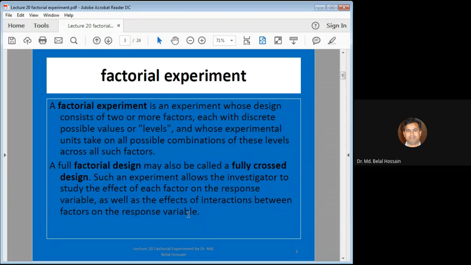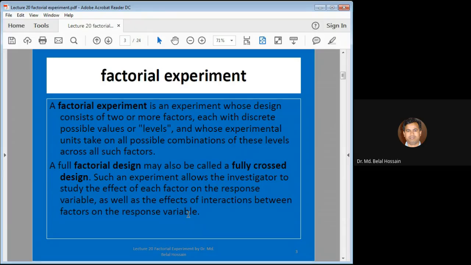Okay, so what is full factorial experiment? That is, if you have two factors and two levels, then you will have four possible treatment combinations. So you will have to get each and every cell with values, okay? None of them will be missing.